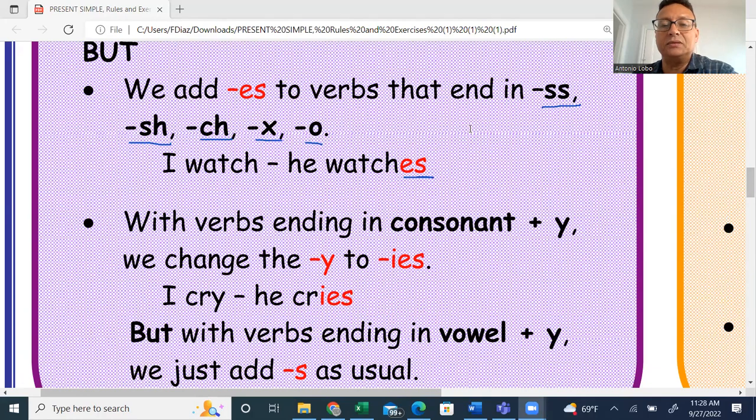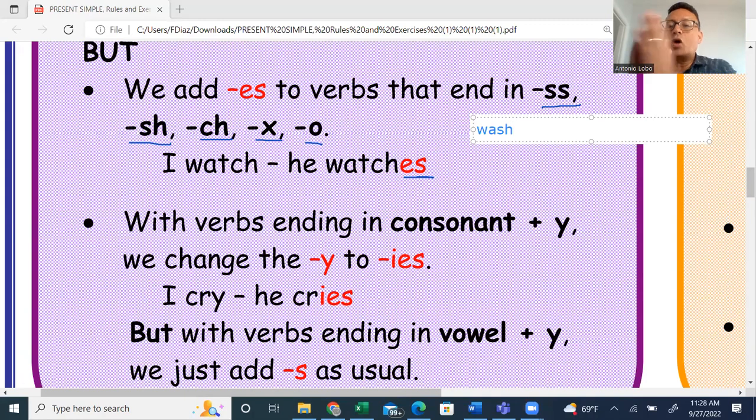For example, the verb wash, like wash your hands, okay? This verb finishes in SH. So I wash, he washes, okay?